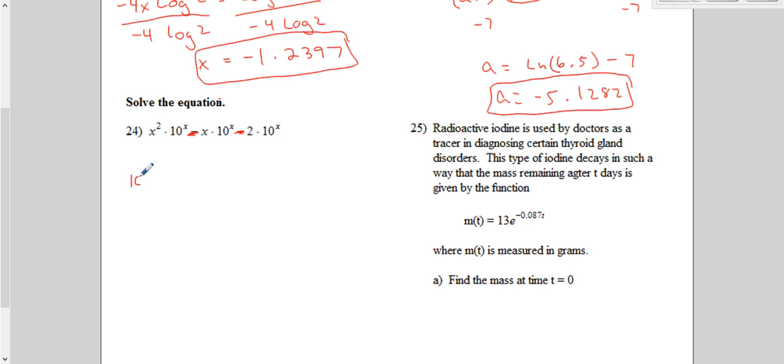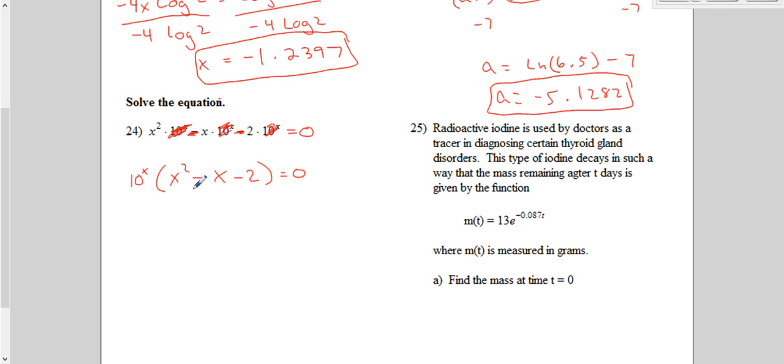So I'm going to factor out 10 to the x, and when I do that, if I cross all those out, I can see that I have x squared minus x minus 2, which is a basic quadratic. And this should actually be set equal to 0, otherwise there's nothing to solve here. So this is equal to 0.